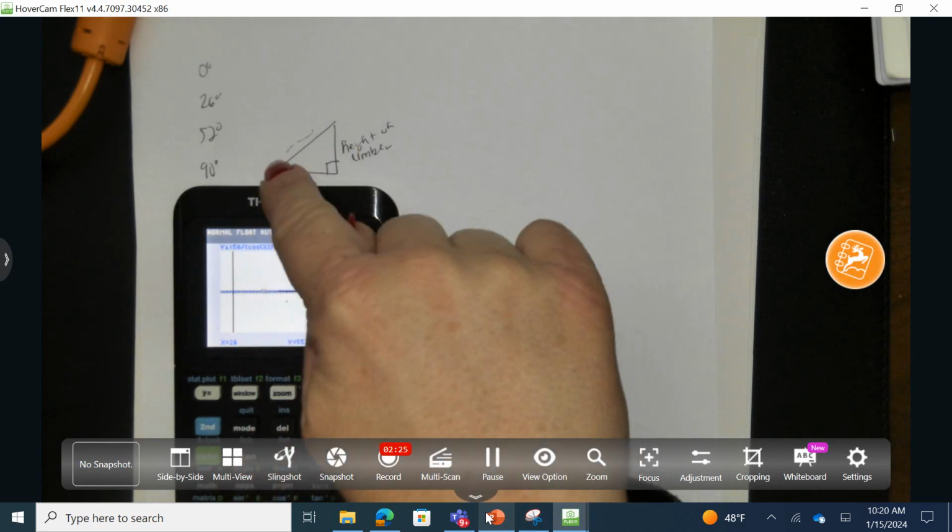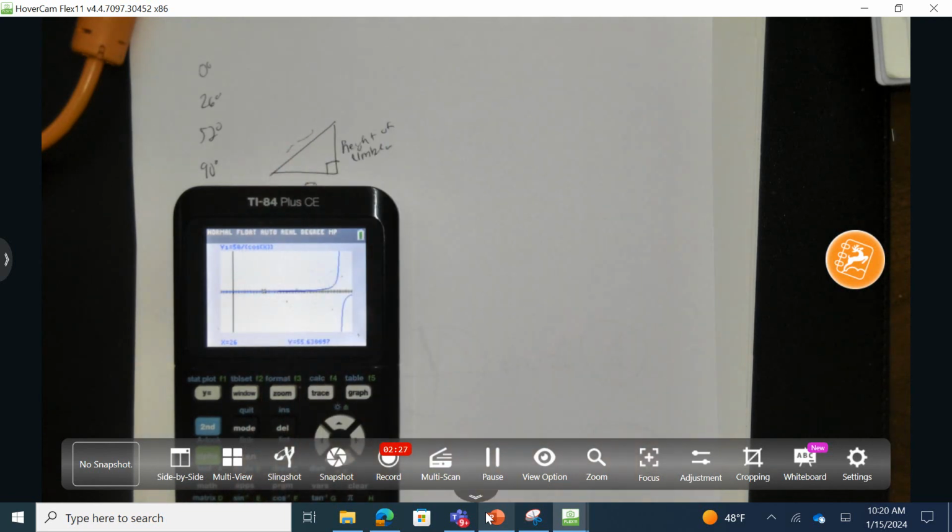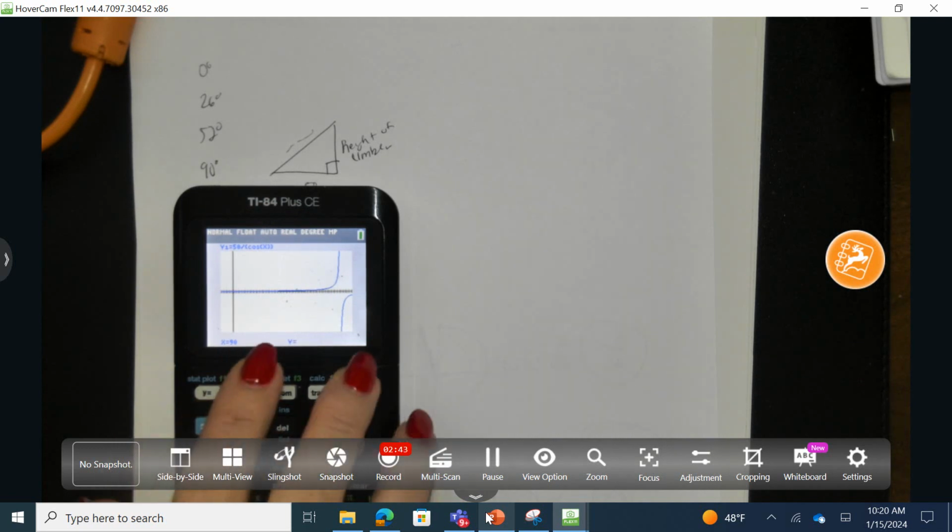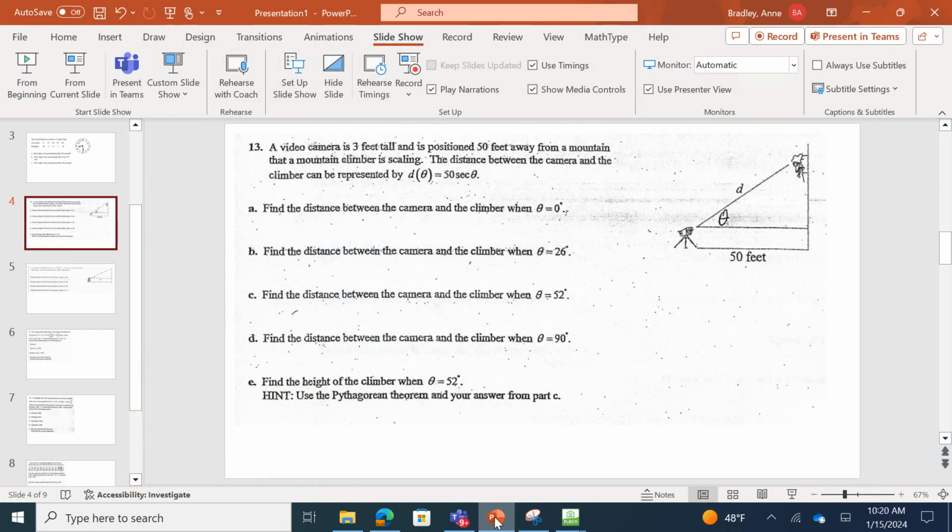The distance would be 55.63. Okay, when it's at 52, the distance would be 81.23. When we go to 90 degrees, when you don't have an answer, it represents infinity.